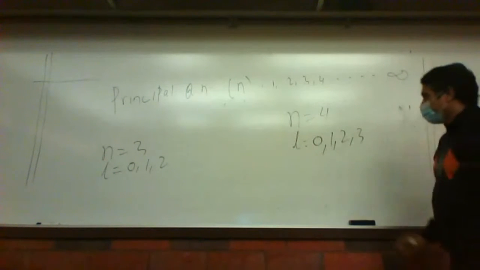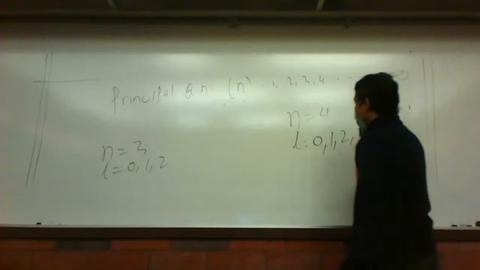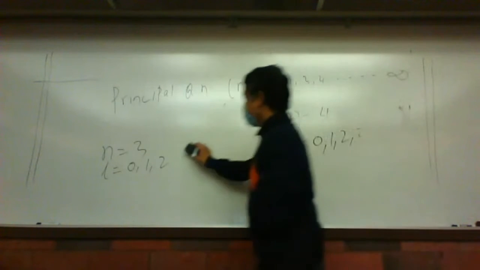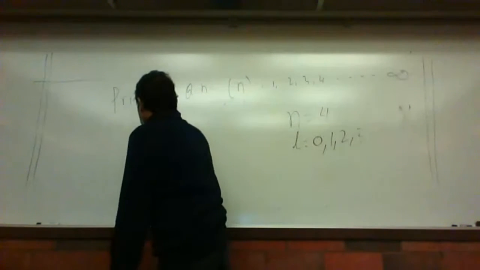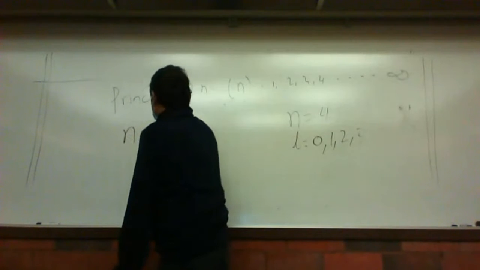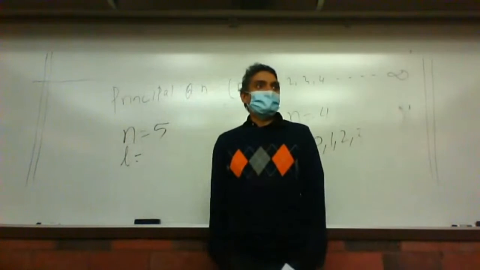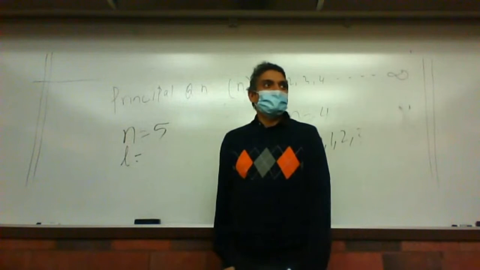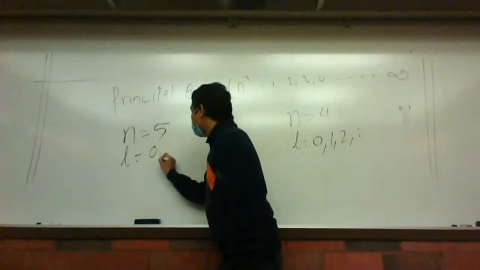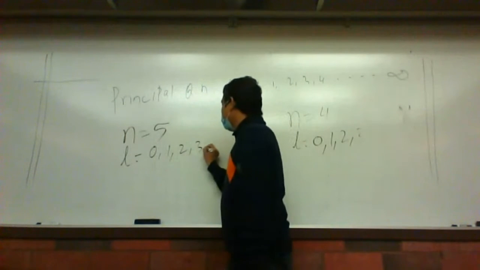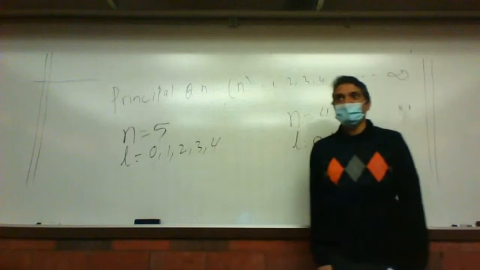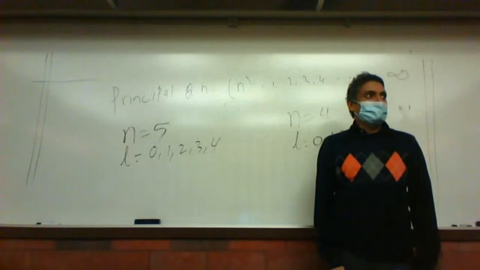Now how about n equals 5? What are the values of l? You should start writing from 0, and you cannot reach 5. So 0, 1, 2, 3, 4. These are the values of the azimuthal quantum number. Make sense?